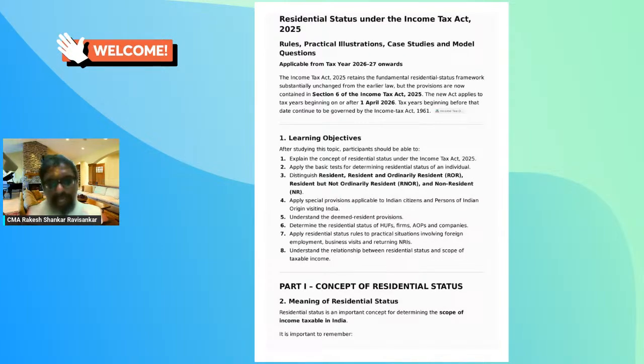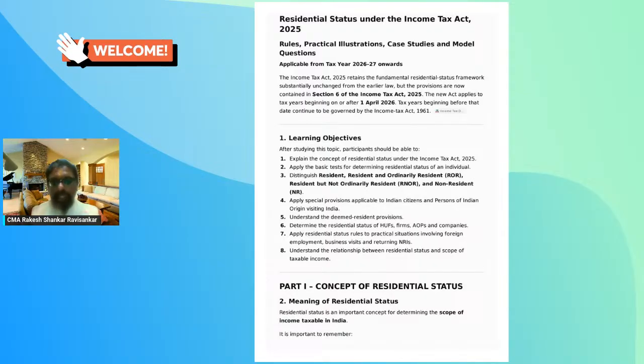You will also understand the deemed resident provisions, go through the residential status of HUF, firm, AOP and companies, apply the residential rules to practical situations involving foreign employment, and understand the relationship between residential status and the scope of taxable income.